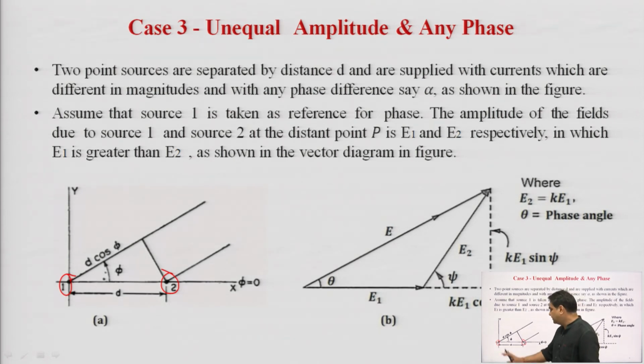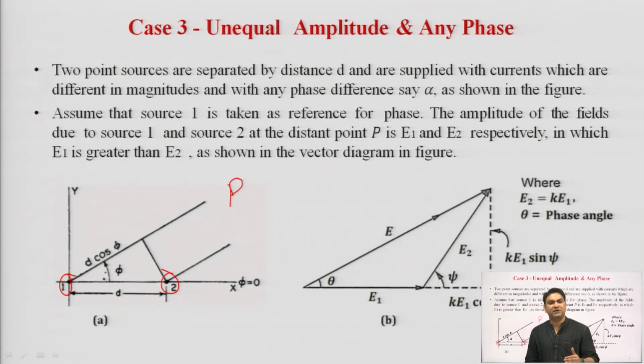And the angle between the line joining point source number 1, or you can say the origin, because point source 1 is kept at the origin, and the distant point P is phi to the horizontal axis.